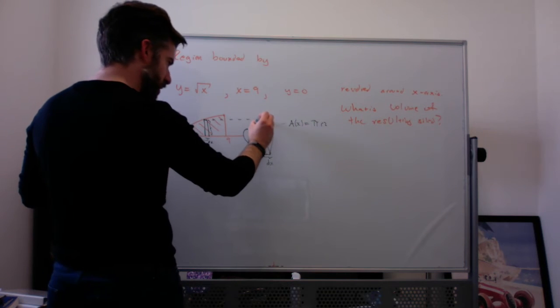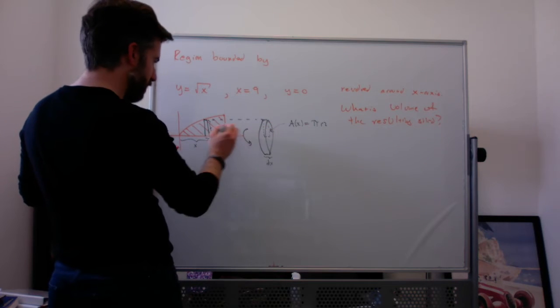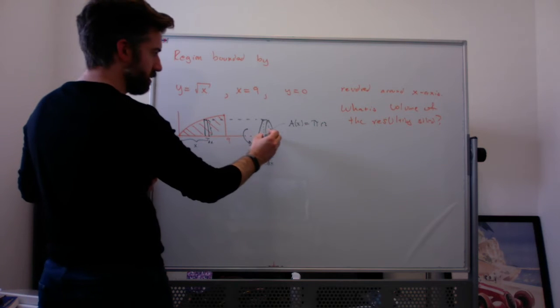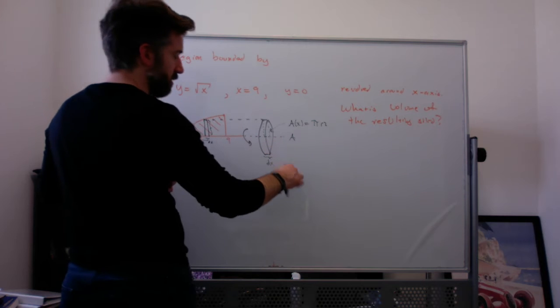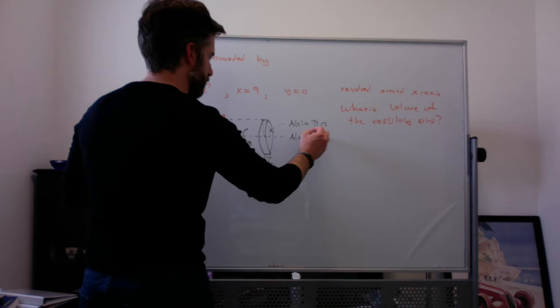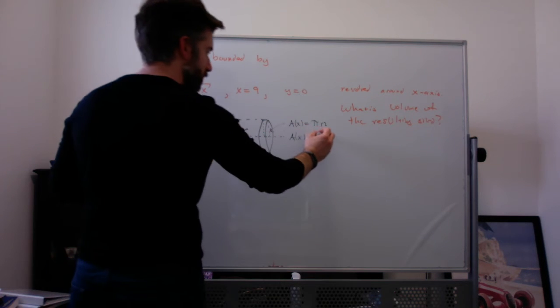If you look at this here, I'm trying to draw it, there's my rectangle that's getting revolved around the axis. So the area of the disk is pi times the radius, but the radius is this function.